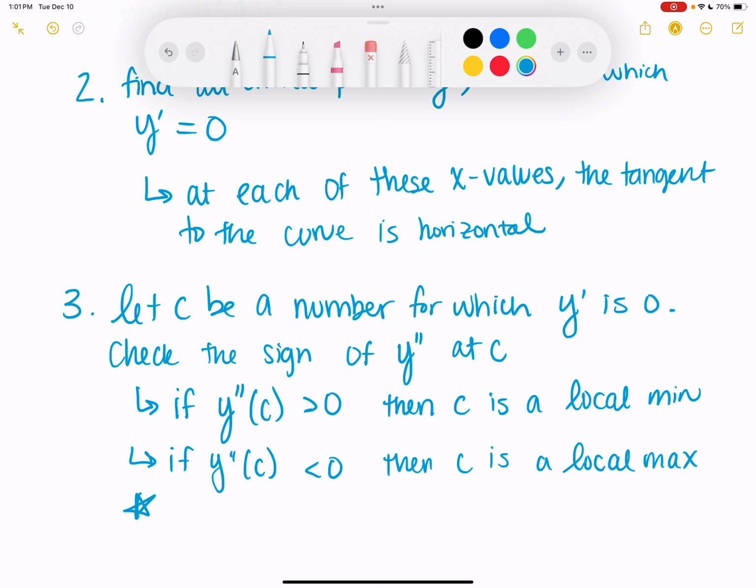Note, this is the second derivative test for extrema.